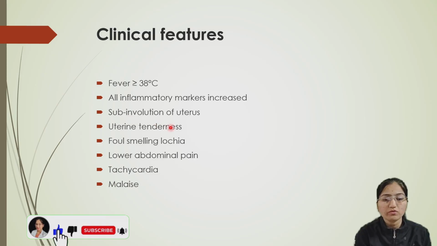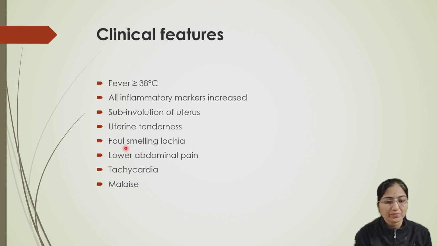Then uterine tenderness, that is pain or discomfort, foul smelling lochia, lower abdominal pain, tachycardia, abnormally rapid breathing, and malaise, that is physical discomfort. These are the clinical features.